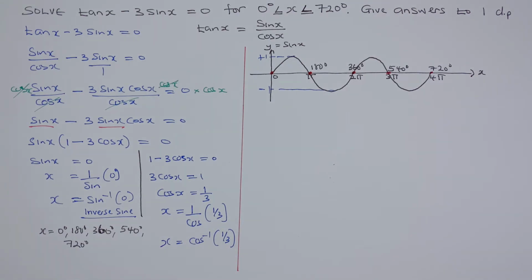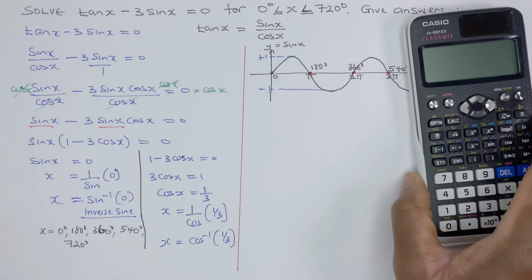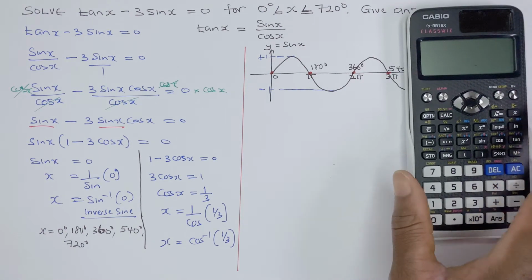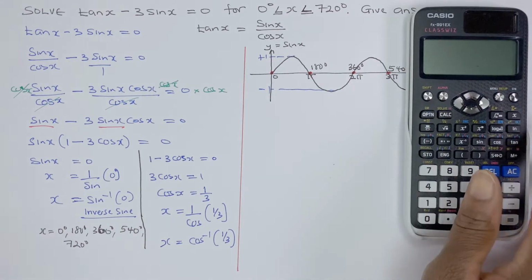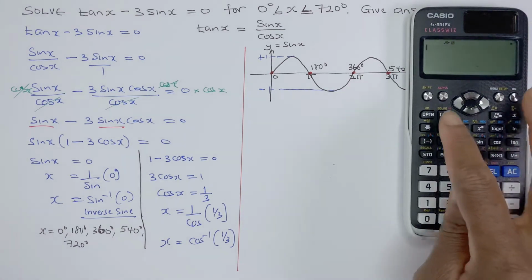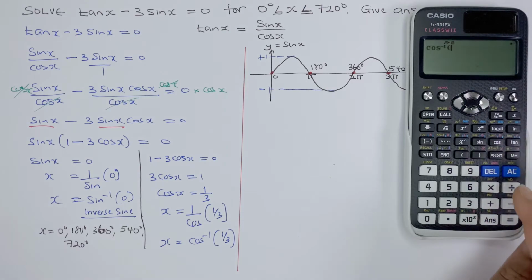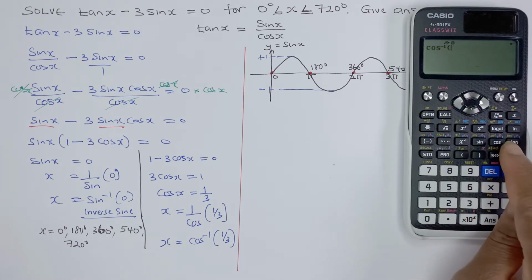Now I need to find the solution for the second one here. In that case, all I need to do is to bring in a calculator, and I need to find the x value. So turn on the calculator, shift cos, that will give us the inverse cos.